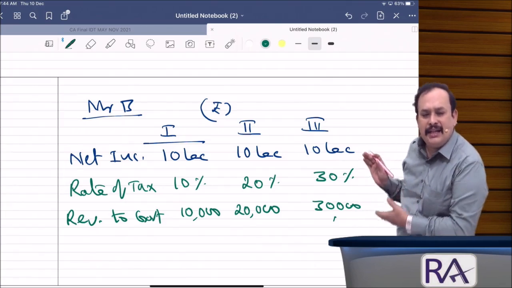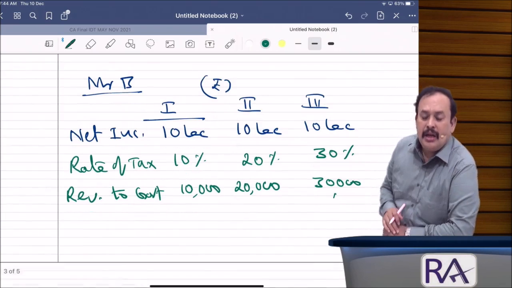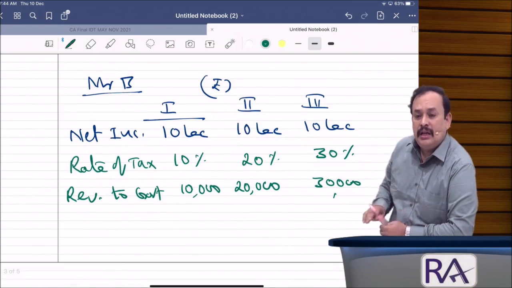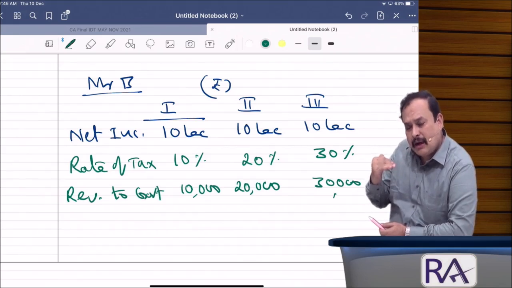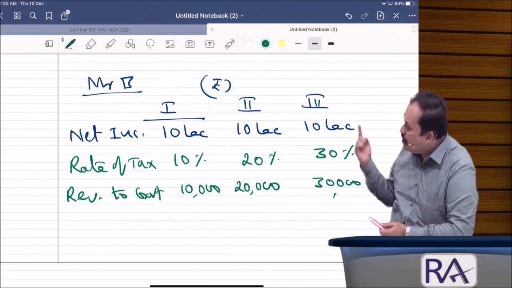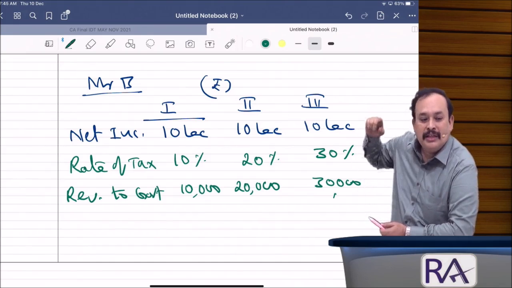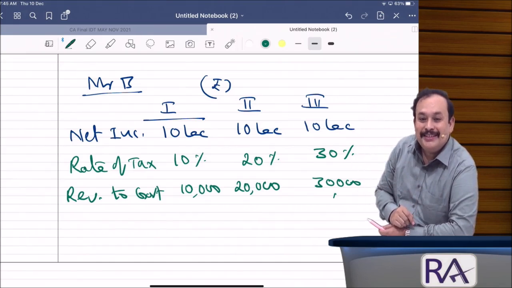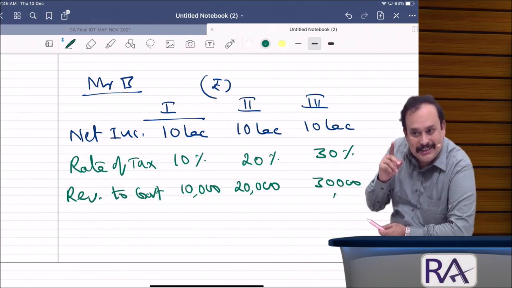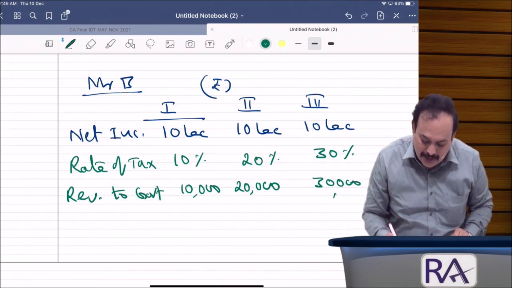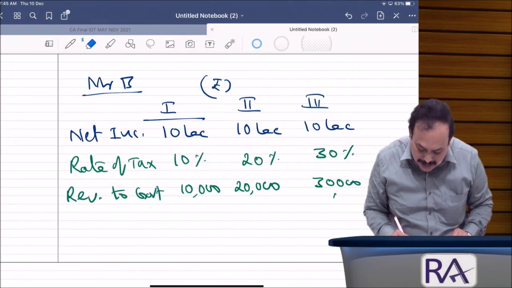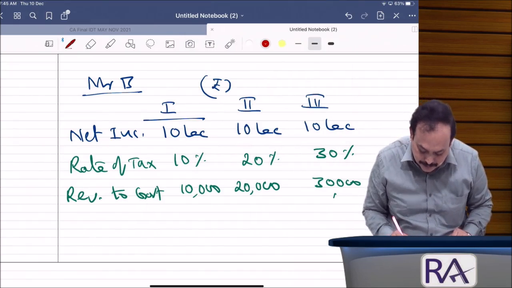The income remains the same. Since the rate of tax goes up and up, revenue to the government also goes up and up. It is known as progressive nature, which comes under direct taxes. So this is what I am trying to say, it is called progressive nature.